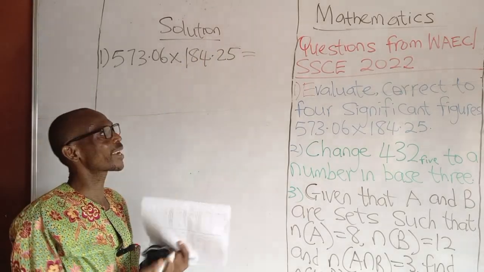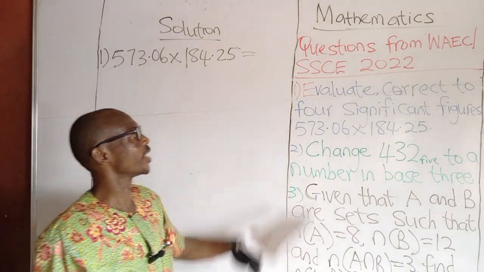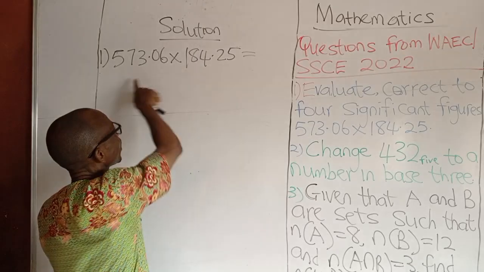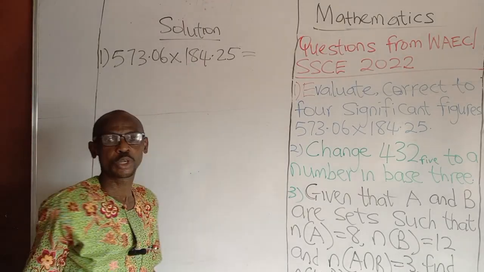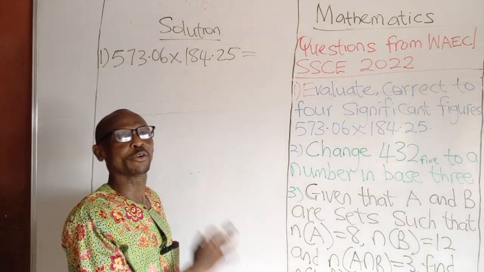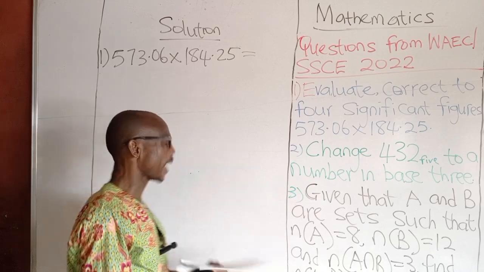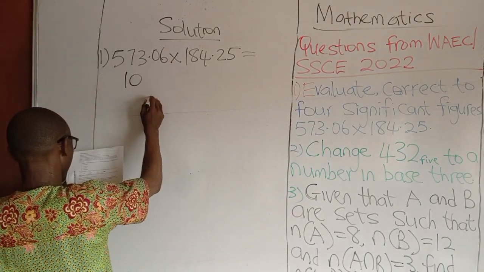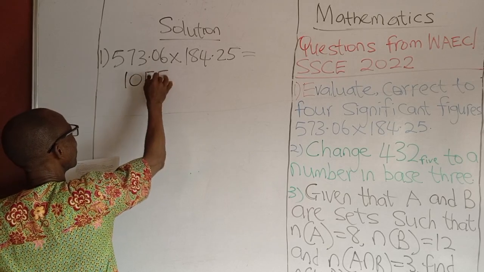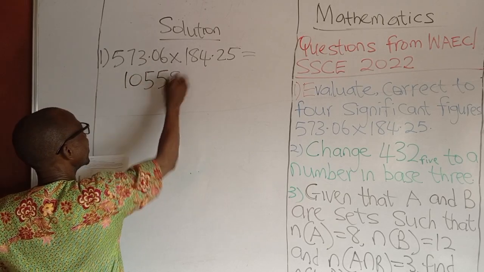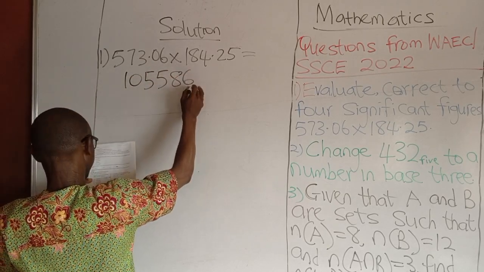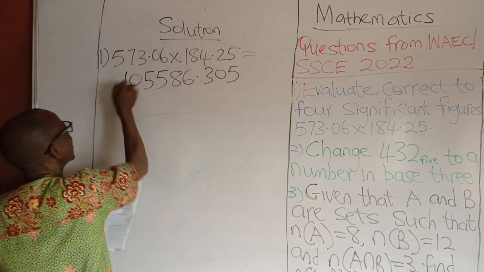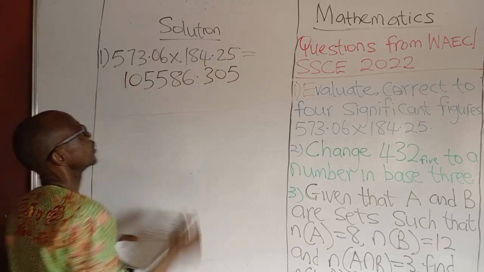Now in your WAEC exam or your SSCE, you are expected to use your calculator to multiply this value out. So when you multiply that value out, what are you going to get? You are going to get 105586.305. That is our value.